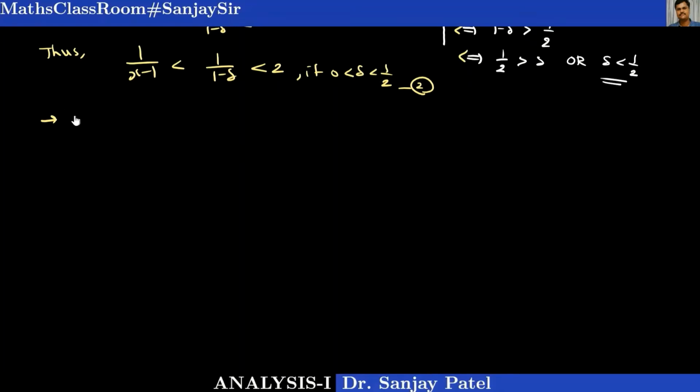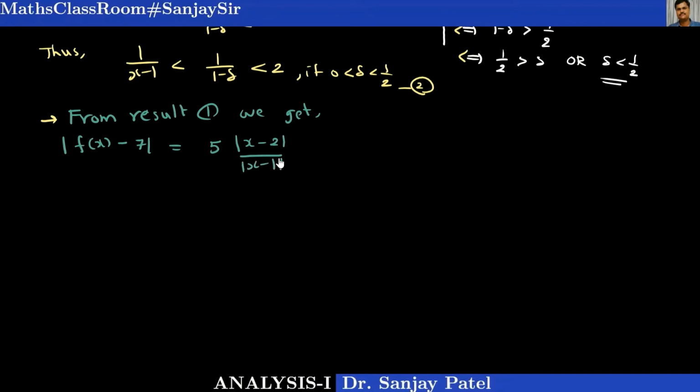Okay, so from result 1, we get mod of fx minus 7, which was 5 times mod of x minus 2 upon mod of x minus 1 is less than 5 into, say, 2 into mod of x minus 2 if delta is less than 1 by 2.